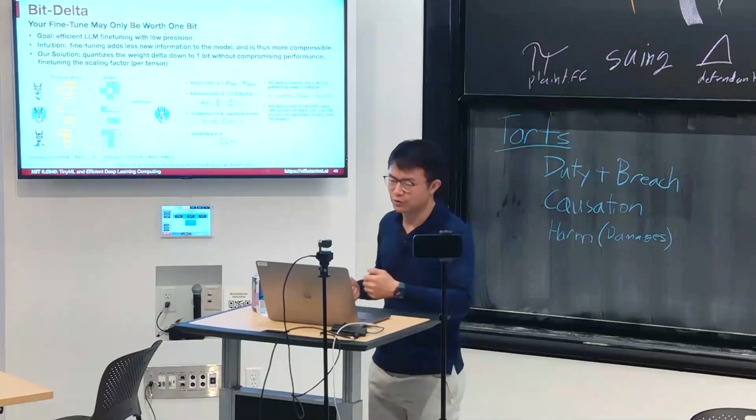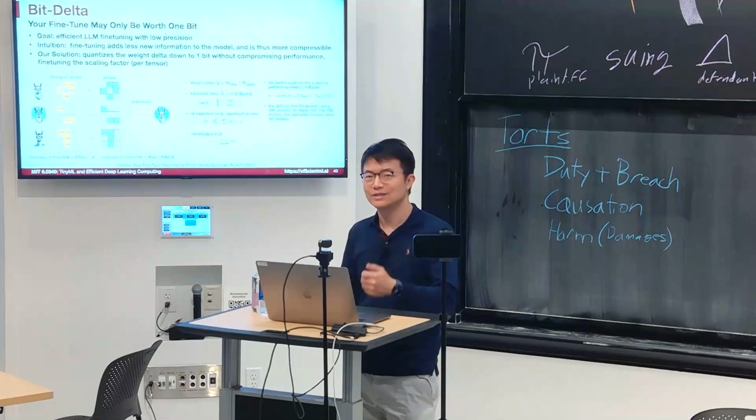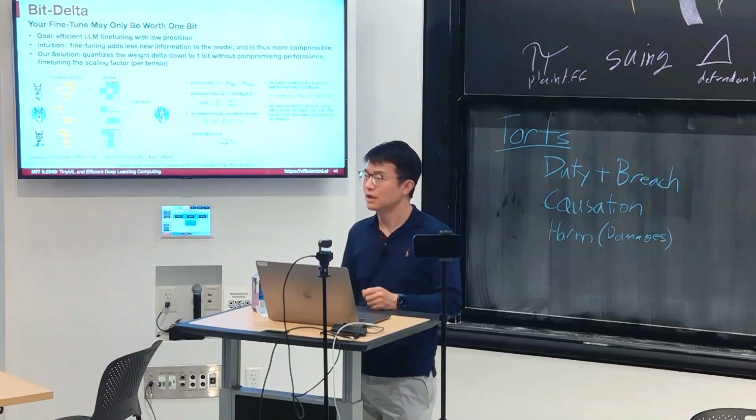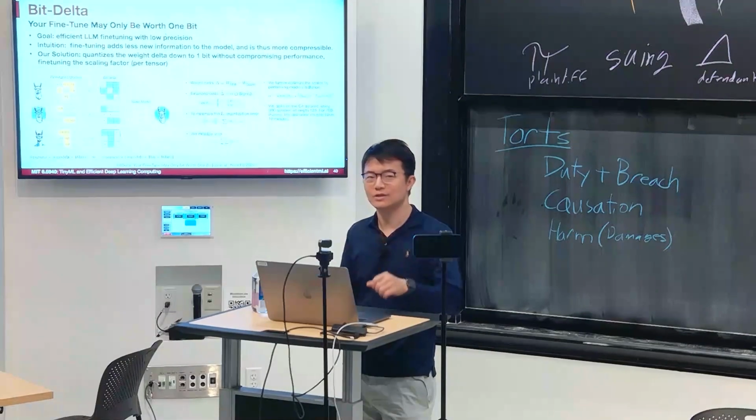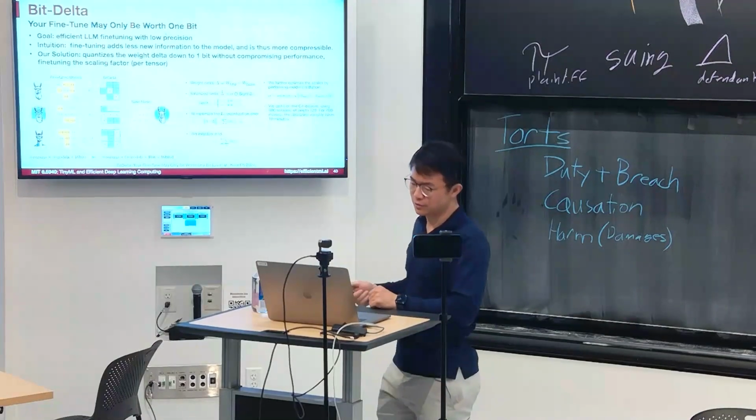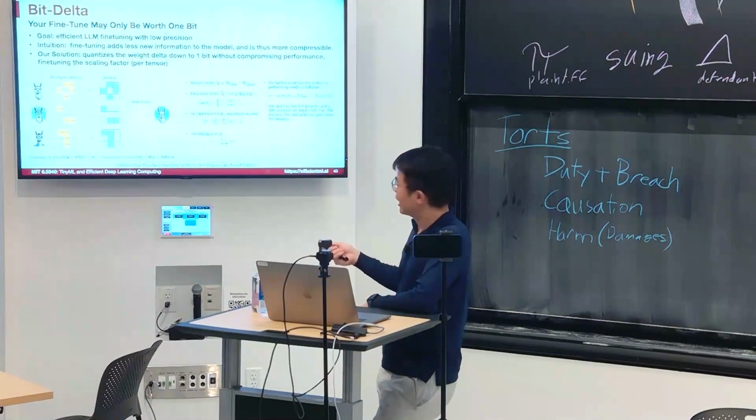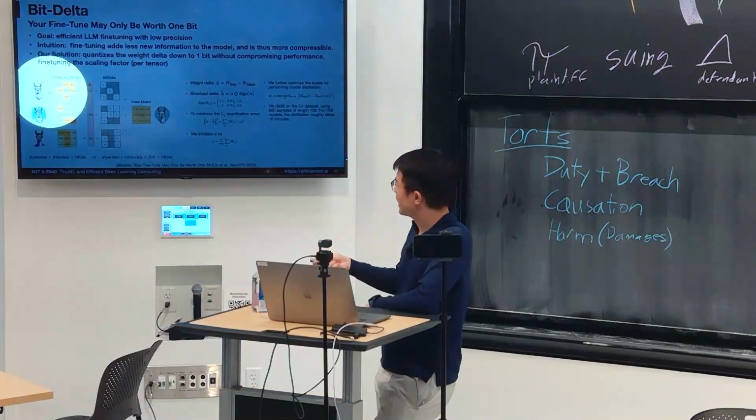So our solution is to quantize the weight delta only to 1 bit, and we find that doesn't compromise the accuracy. And then we just need to fine-tune a scaling factor, a per-tensor FP16 scaling factor shared across the whole tensor. Okay, so previously we had 3 different tasks.